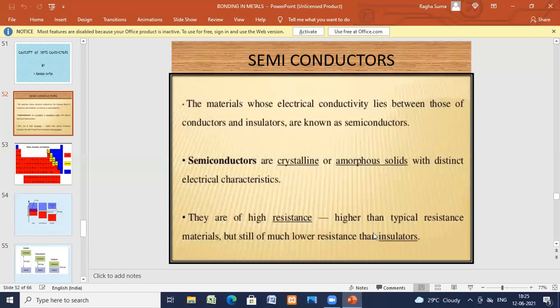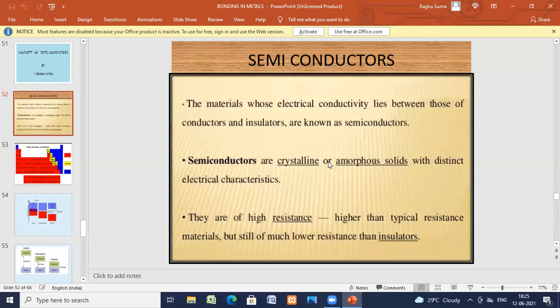Semiconductors are materials whose electronic properties are intermediate between metals and insulators. They have a conductivity range of 10 to the power of minus 4 to 10 to the power of plus 4.